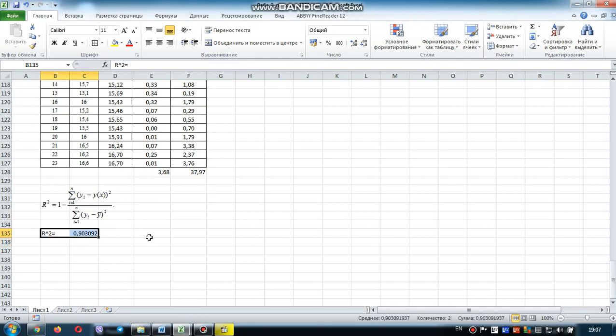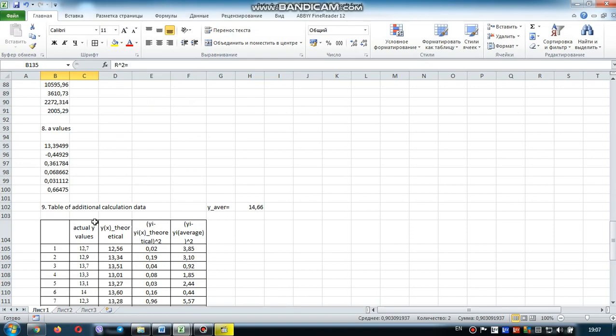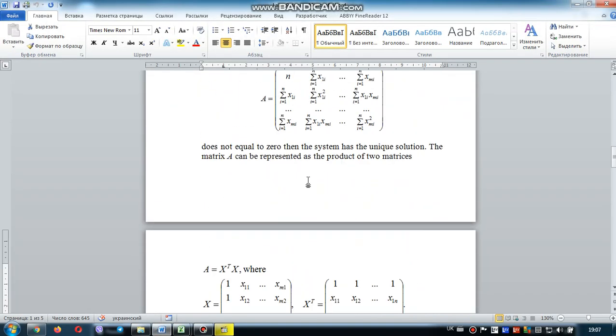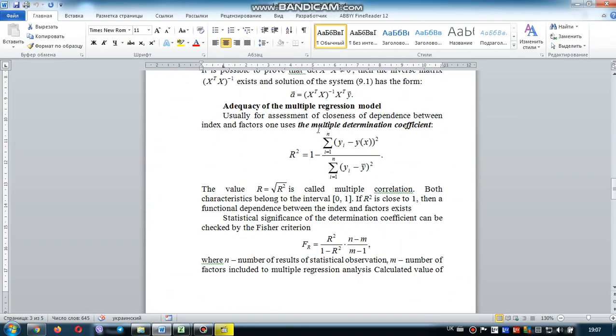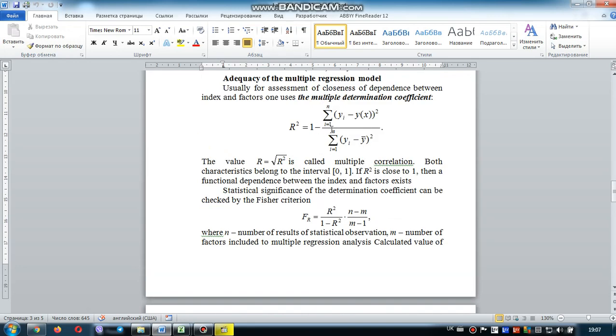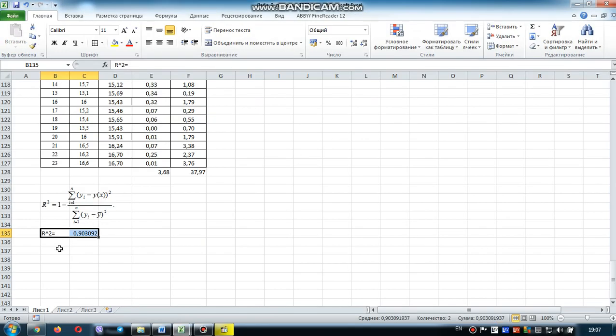So we have already calculated the determination coefficient, the multiple determination coefficient. Now we have to define the multiple correlation coefficient. This is square root of the multiple determination coefficient. It's not a problem. Can write here.